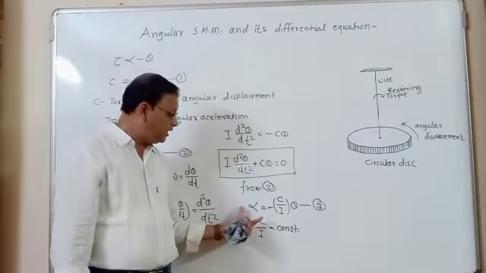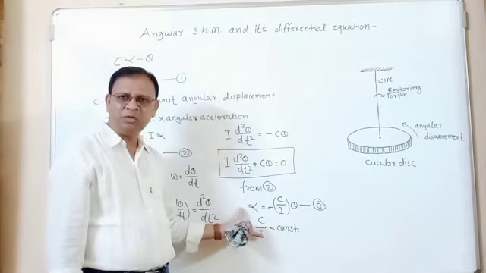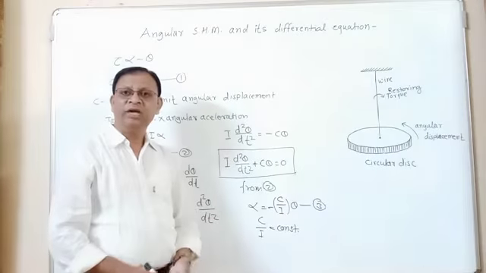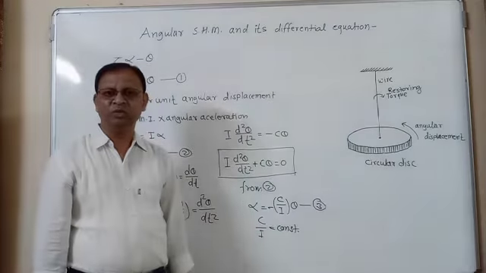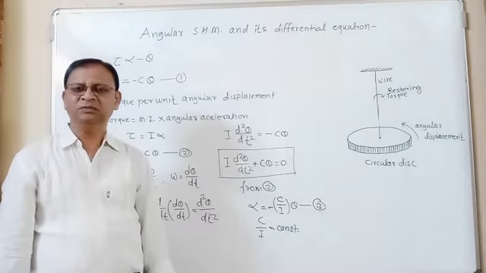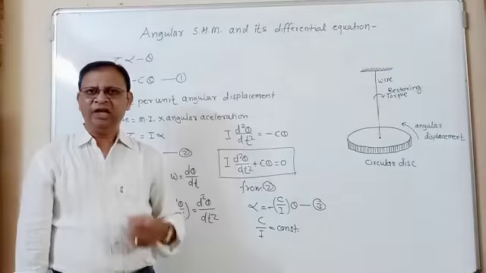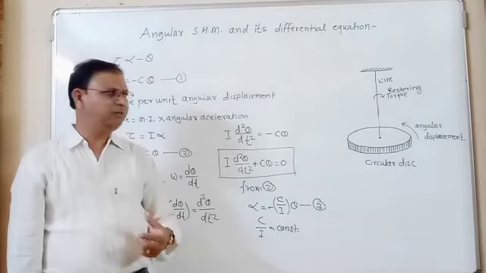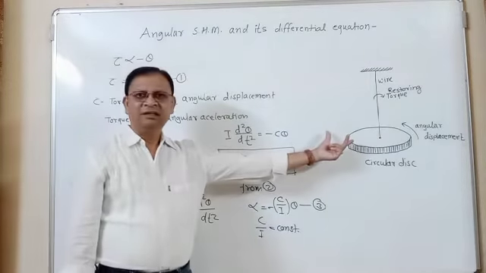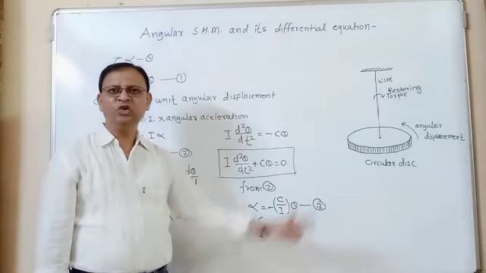Okay, so this satisfies the condition for angular simple harmonic motion, or from this relation we can define angular simple harmonic motion. So what is angular simple harmonic motion? How can we define the angular simple harmonic motion? Angular simple harmonic motion is nothing but an angular oscillatory motion.